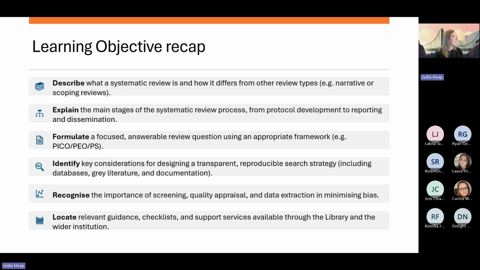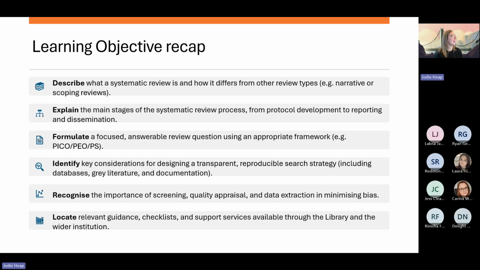Okay, lovely. So we are going to recap, and I'm going to hang on for a little bit if anyone wants to ask me any questions or talk about anything systematic review. Hopefully this session has been helpful to you. In the session, we aimed to describe what a systematic review is and how it differs from the different review types. We've explained the main stages of the review process.